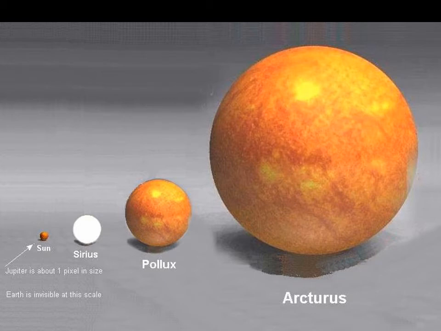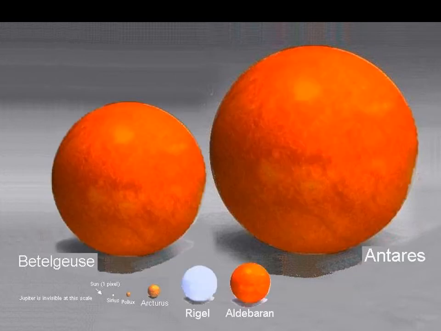Sirius, brightest star in the nighttime sky, is quite a bit larger. Pollux and Arcturus are what you actually call red giant stars, and you could fit like 1,000 suns inside of Arcturus. Well, Arcturus is pretty small, so you could probably fit 1,000 Arcturuses inside of Betelgeuse, and Betelgeuse would fit inside of Antares with room to spare.